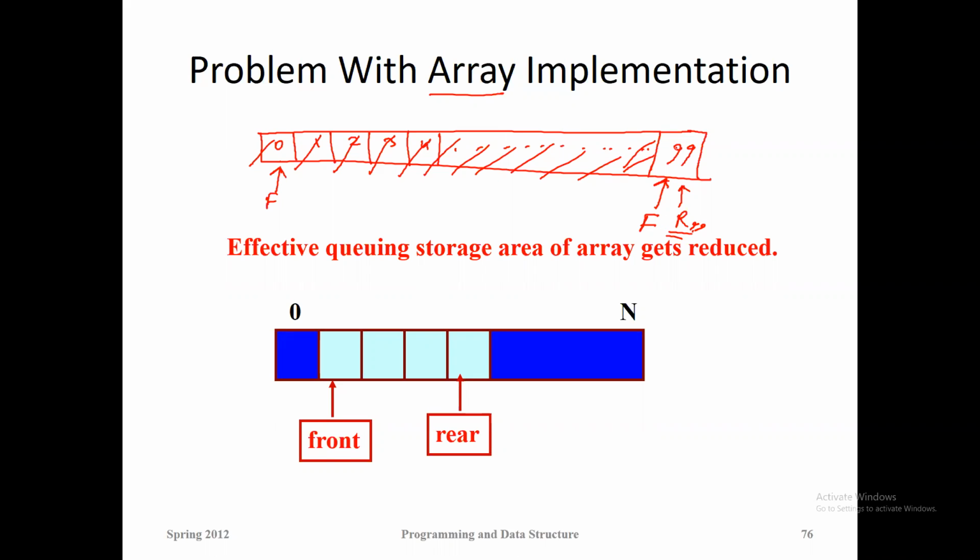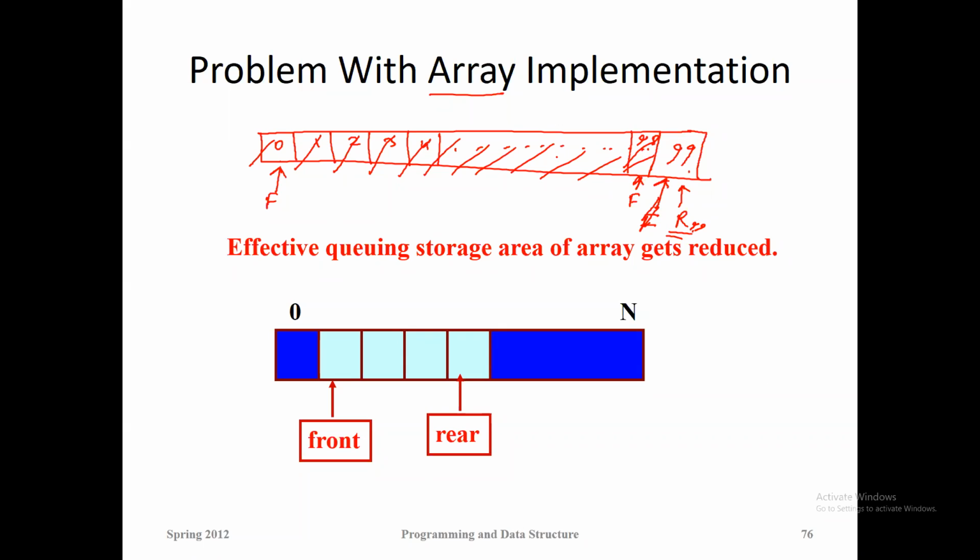So in a particular instance, say this is not front, this is front. The 98th position is the front. So there are two elements, at the 98 and 99 positions. These two positions are filled up.